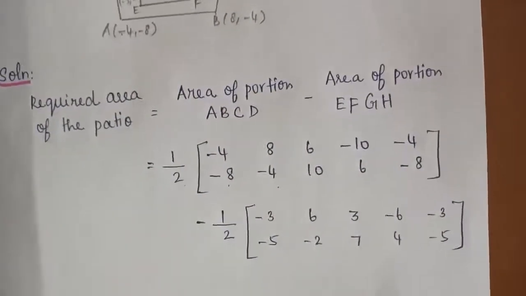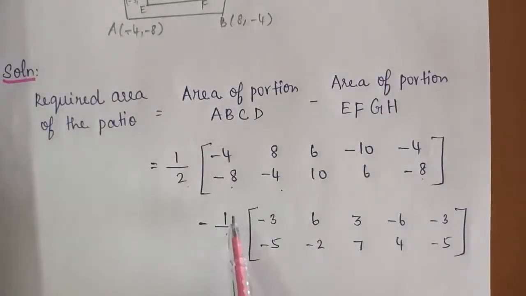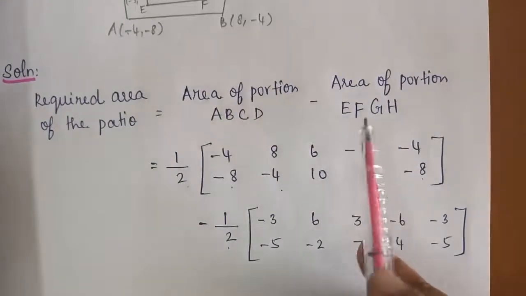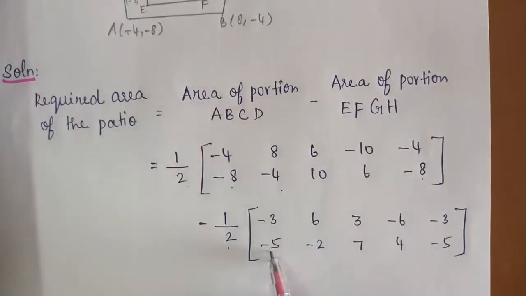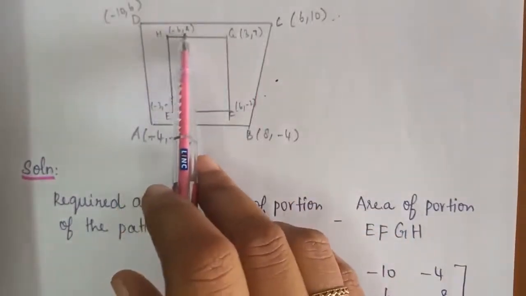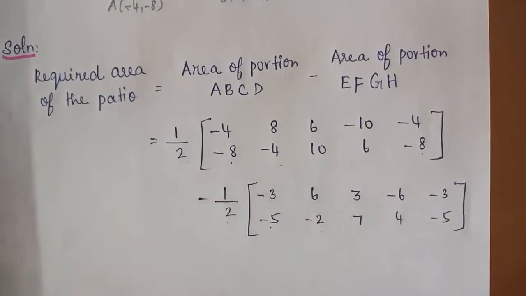So minus 10, 6, again minus 4, minus 8. Similarly minus 1 by 2 into EFGH. So the E coordinate is minus 3, minus 5 and the F coordinate is 6, minus 2. Then the G coordinate is 3, 7. H is minus 6, 4. Again minus 3, minus 5.